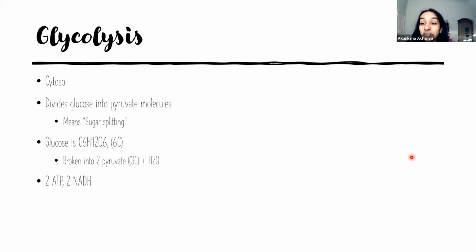Glucose, we talked about this last class. Glucose is a sugar, and its chemical formula is C6H12O6. How you understand that is that there are 6 carbons, 12 hydrogens, and 6 oxygens. Key takeaway, there are 6 carbons.